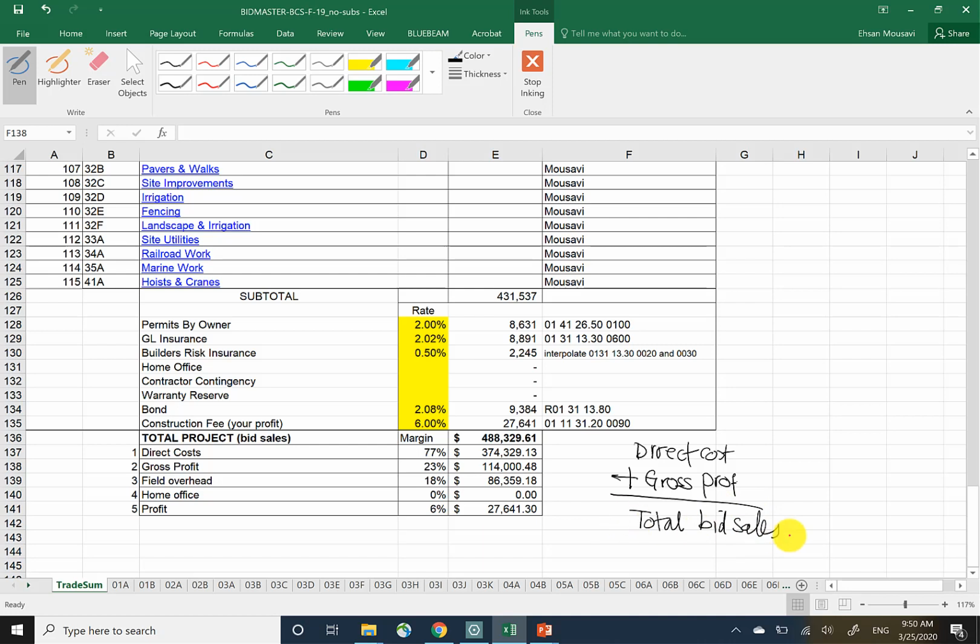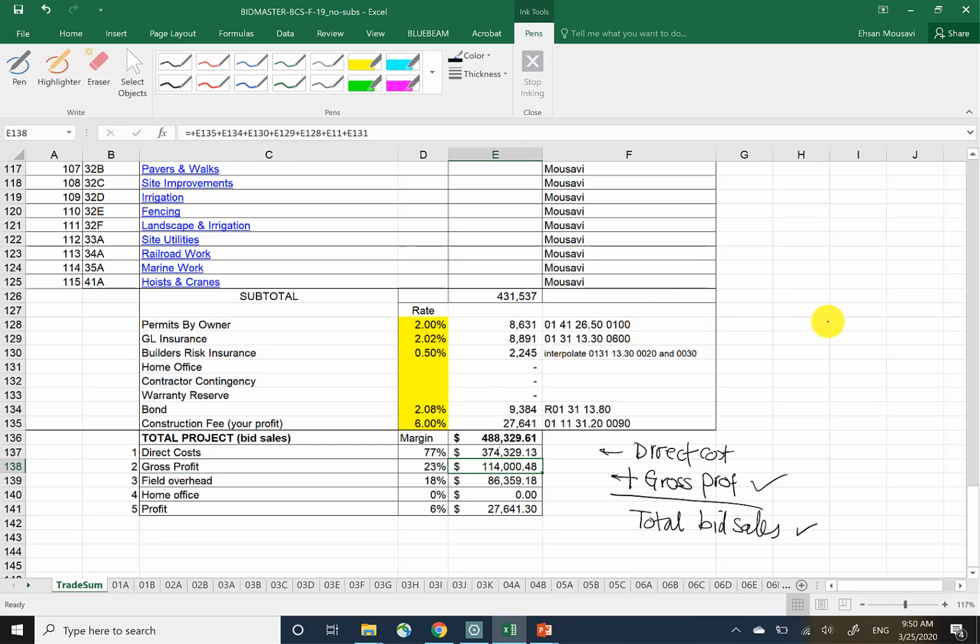Agreed? So I know what this is. I know what this is. I can find that one. So I can simply come in here and say that my direct cost is going to then be the total bid sales less my gross profit.